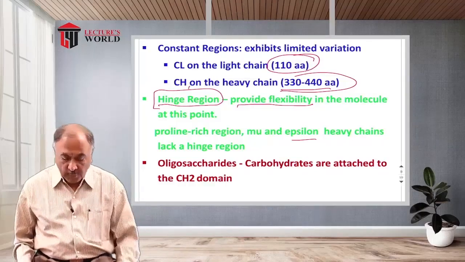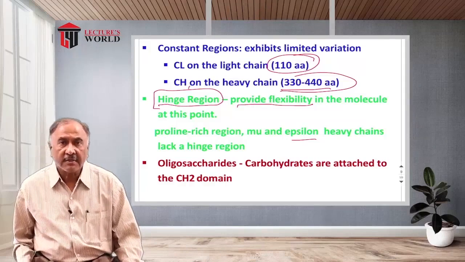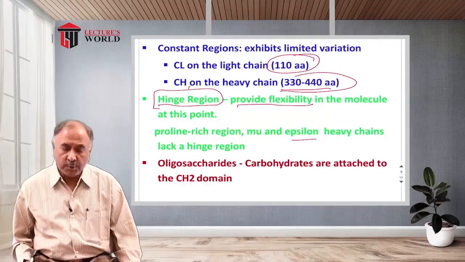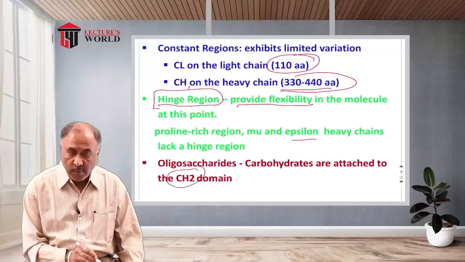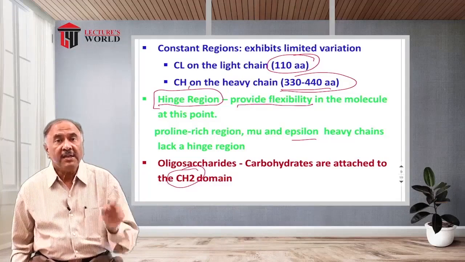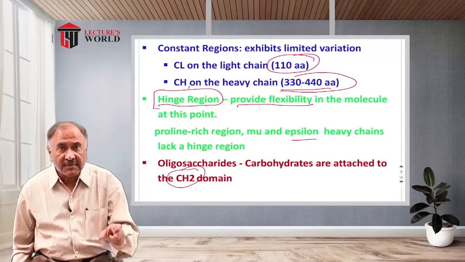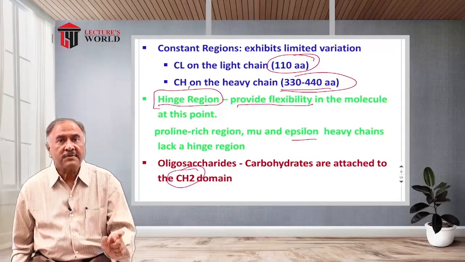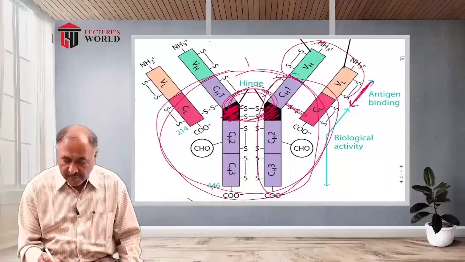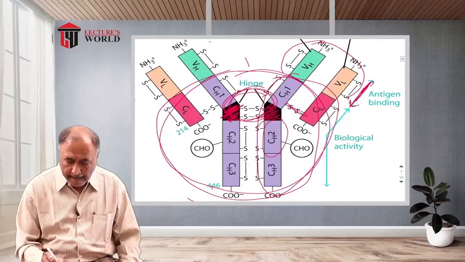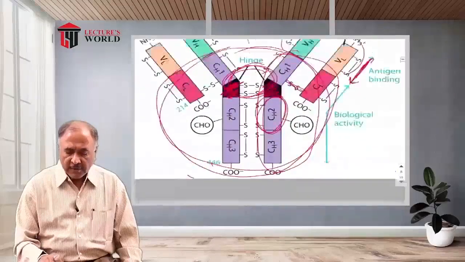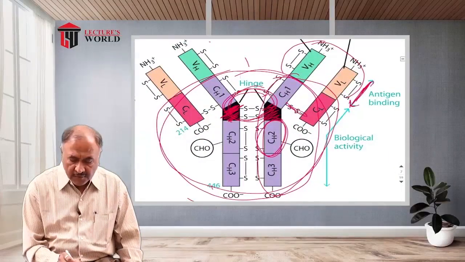Now I will tell you that there are certain sugar molecules attached to CH2 domains, means constant heavy 2 region. Where are these? At constant heavy 2, that is here, this one. At these junctures there are certain sugar molecules, as you can see in this figure.